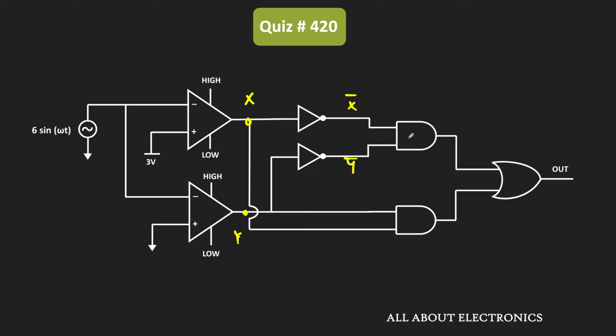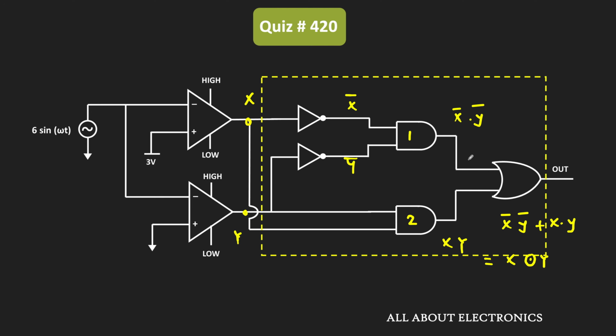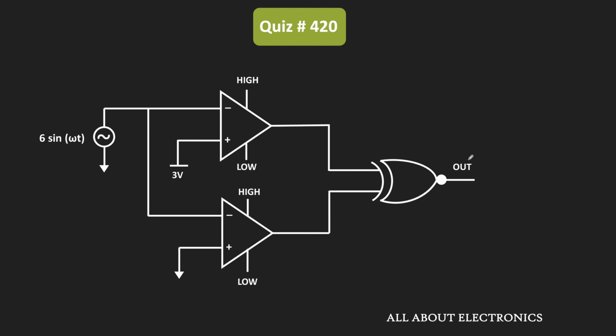That means the output of the first AND gate will be x bar dot y bar, and the output of the second AND gate will be x dot y. The output of this OR gate will be x bar dot y bar plus x dot y, and that is equal to x XNOR y. That means we can replace this entire logic circuit with the XNOR gate.